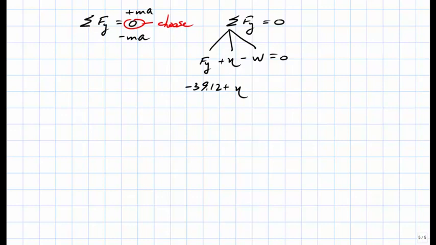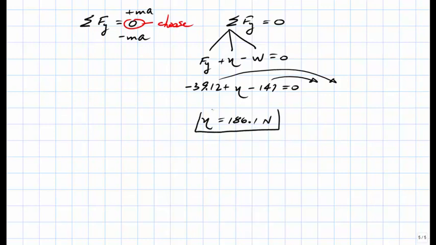We're trying to find the normal. And of course the weight has a value of 147. If we transfer these two values to the other side, their signs will change, which makes them additive, and as a result the normal will equal 186.1 newtons. So that's the answer to part B.